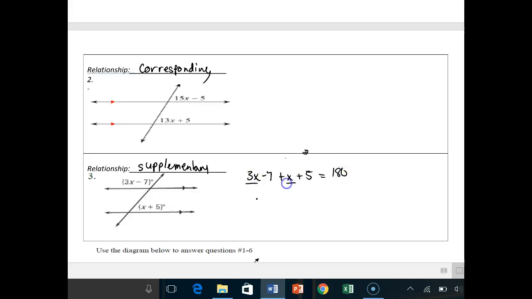So 3x and x is 4x. Negative 7 and 5 is negative 2, equal to 180. You add 2 to both sides. You get 4x is equal to 182. You then divide by 4, and we're actually going to get a decimal here. That's all right. x is equal to 45.5.